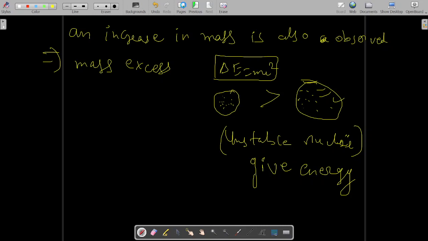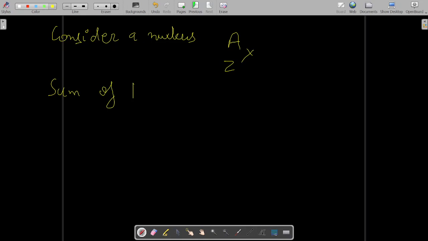Now consider a nucleus, and its symbol is like this: A, X, Z. Then what is the sum of the masses of the nucleons?